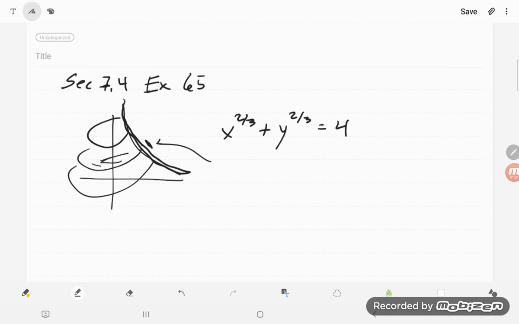So that little piece we make using that square root of 1 plus y prime squared and a dy there.